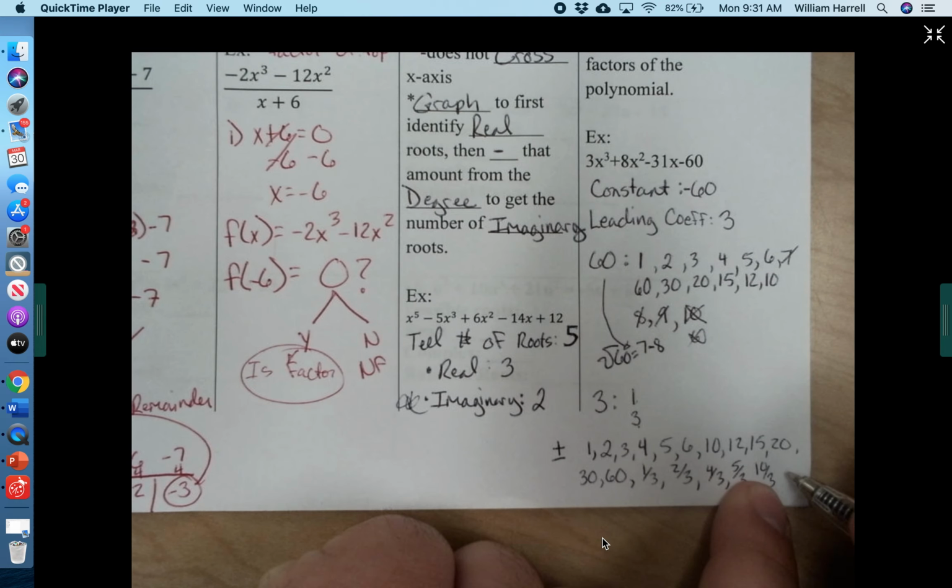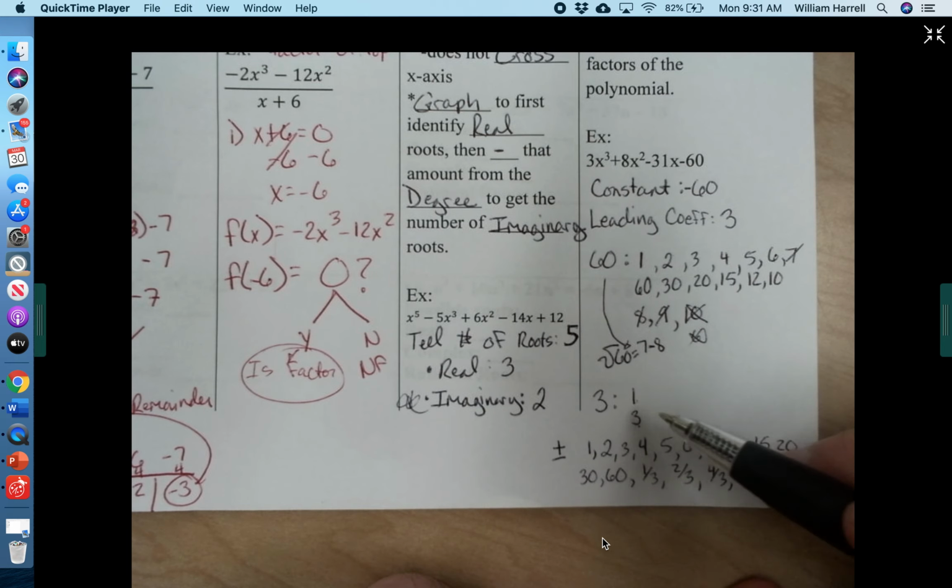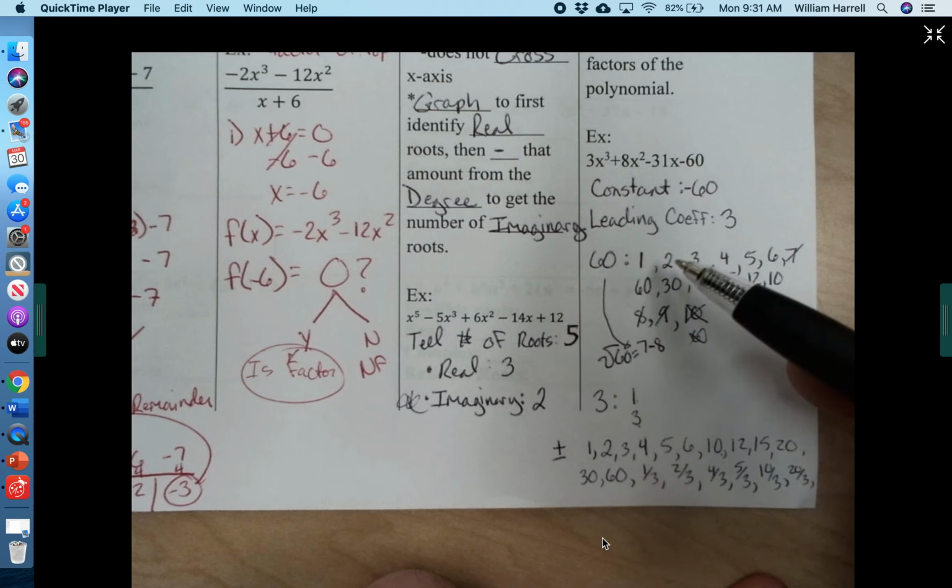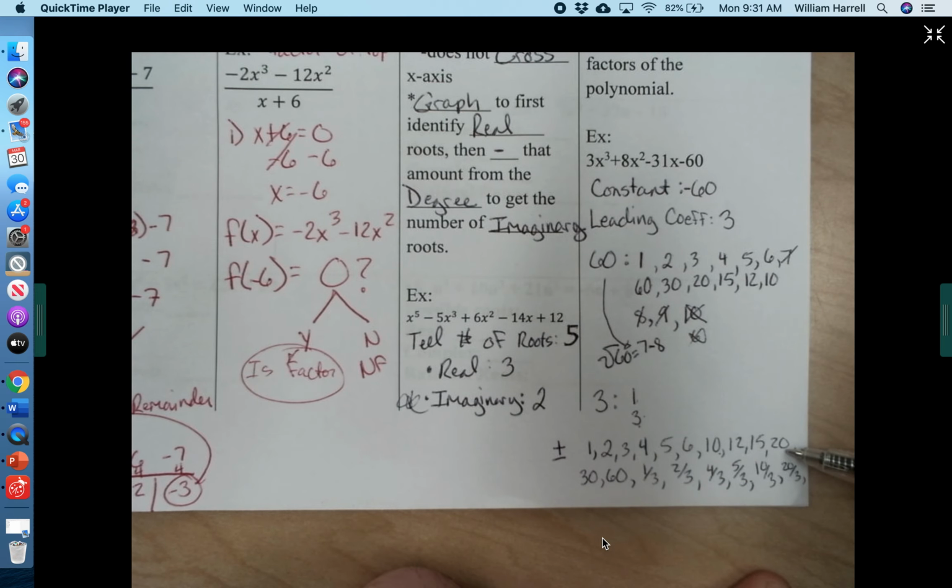Then I need 20 over 3. 30 divided by 3 is 10, which I already have. 60 divided by 3 is 20, which I already have.